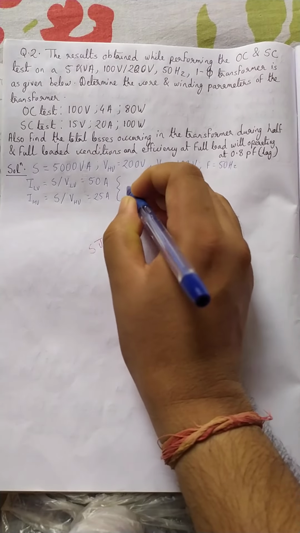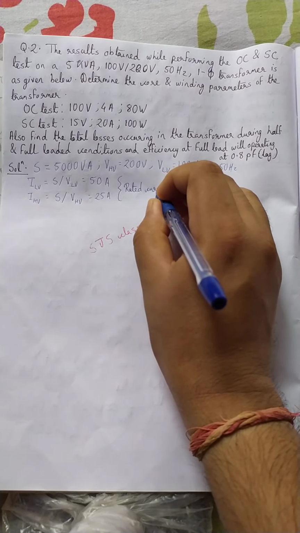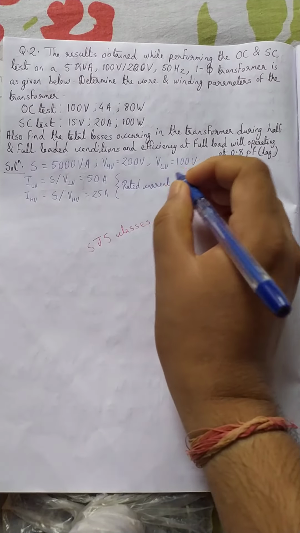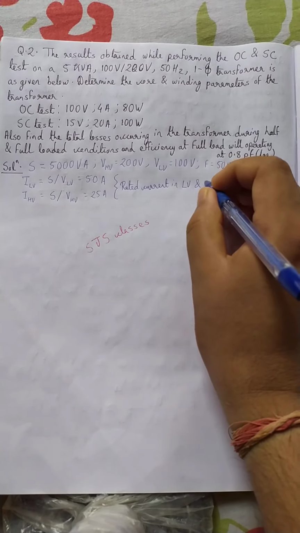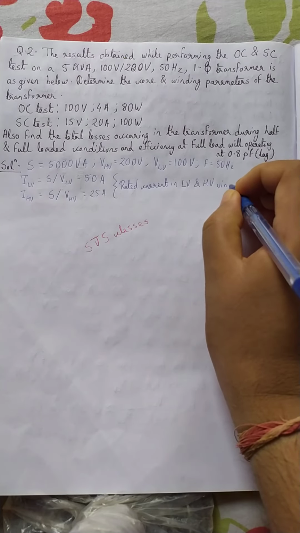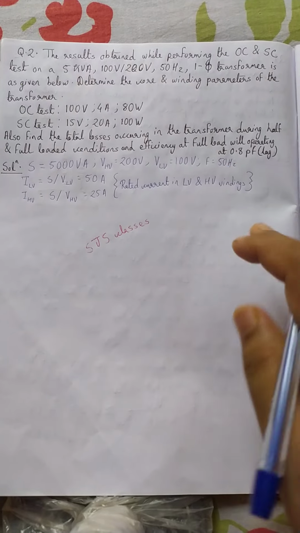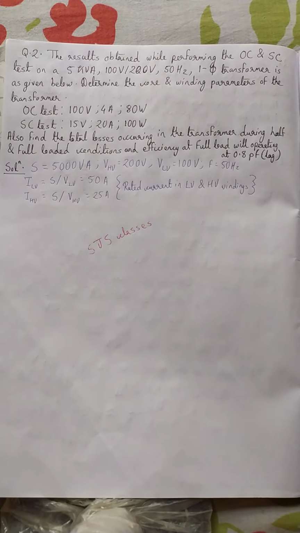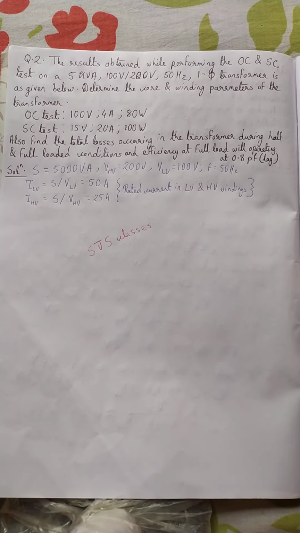These are the rated currents in the LV and HV windings. Why we find this will be clear when we go into the details of the problem. So these are the data which are available.